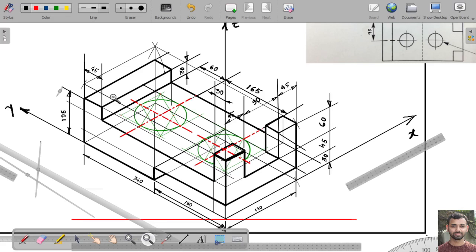So basically, here all the outlines will be drawn with the help of an HB pencil, and all the construction lines, chain lines will be drawn with the help of 2H pencils. That you need to remember.